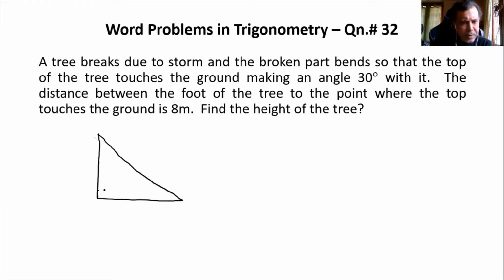So this becomes 90 degrees. So that the top of the tree touches the ground. So this particular bended line was actually on the top and it got bent down, and that is making an angle of 30 degrees with this. Means this is 30 degrees.